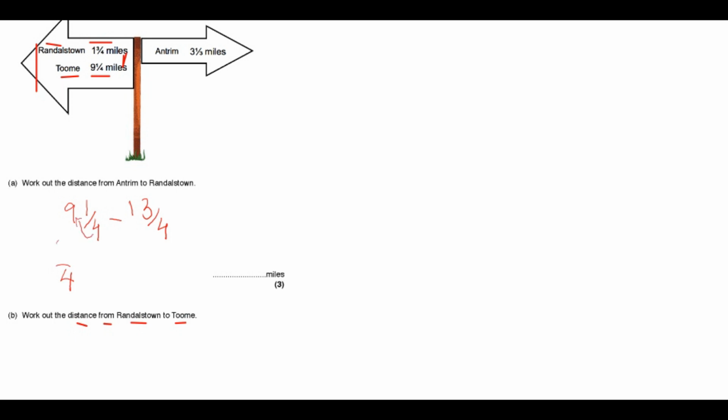That is 4 times 9 is 36 plus 1 is 37, and then 4 times 1 is 4 plus 3 is 7. So now already we have the same denominators. Now if you take away, 37 minus 7 is going to give you 34.